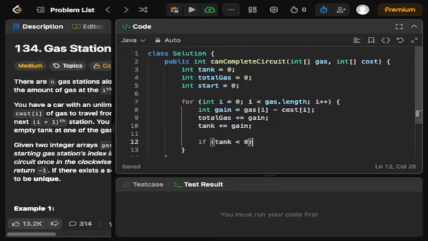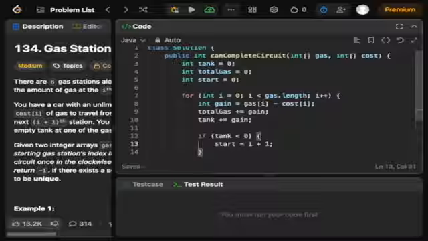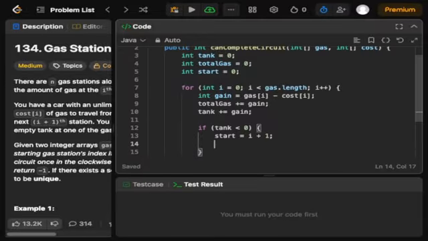If it's less than zero, that means that starting position doesn't work for us. So we're going to have to increase our starting position, so we do i plus 1. And then we're going to reset what we have in the tank to be 0, right?